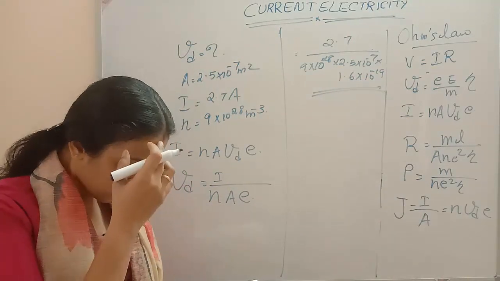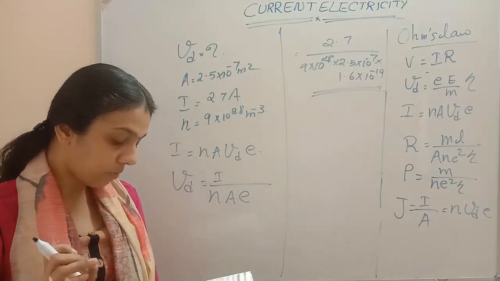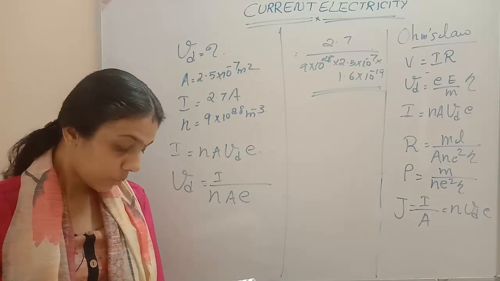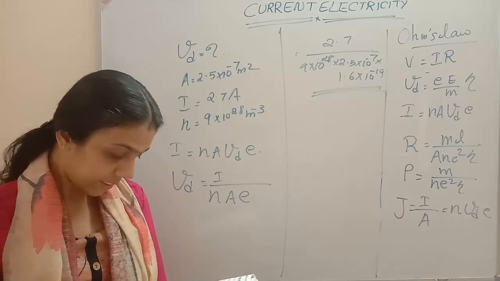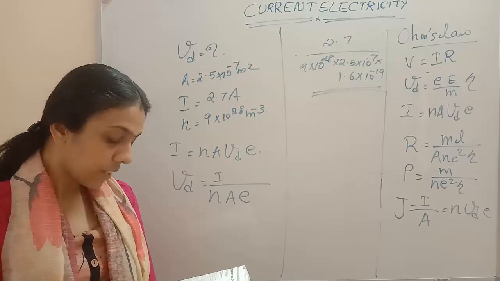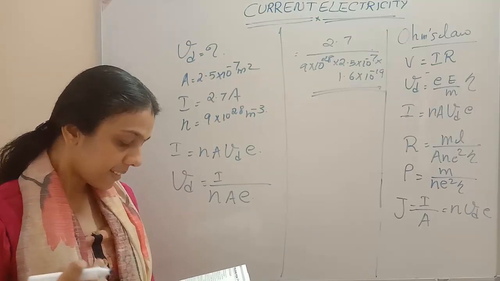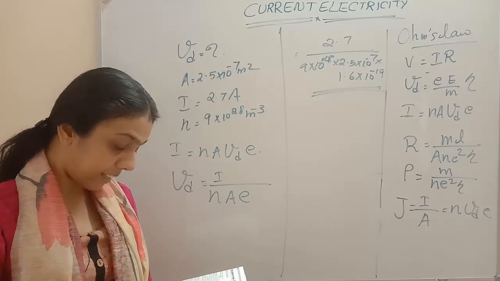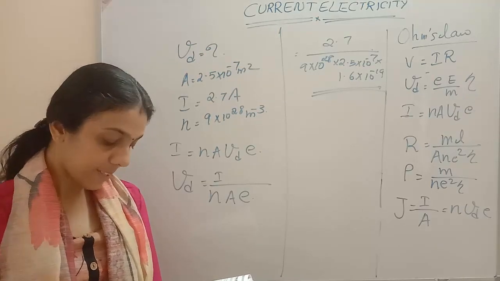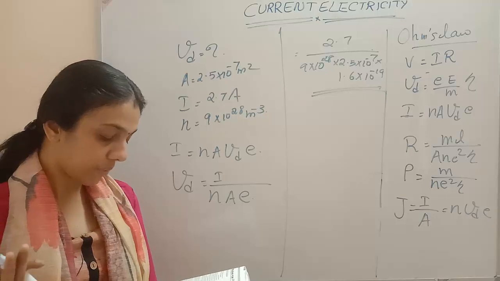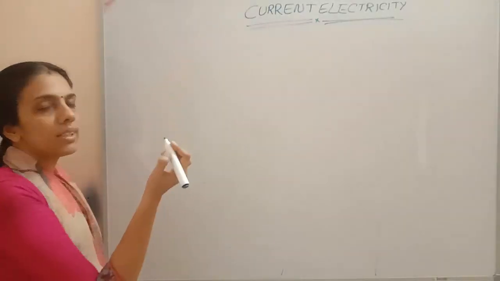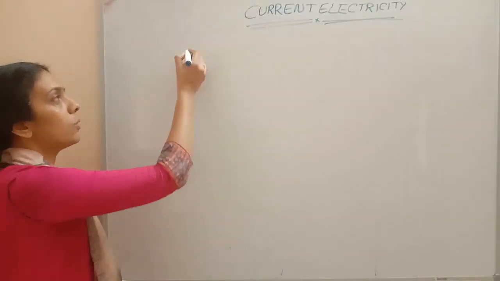Clear? So the next one: a conductor of length L is connected to a DC source of EMF E. The drift velocity of the electron is Vd. If the length of the conductor is tripled by stretching it, keeping E constant, find its drift velocity. So first we need to find what all is given.